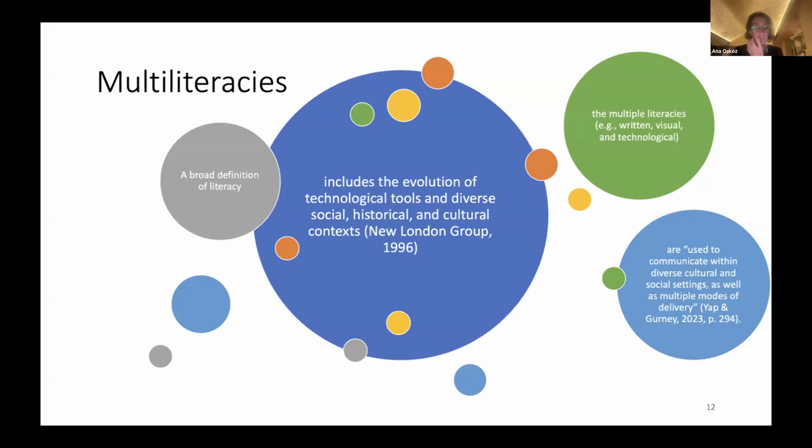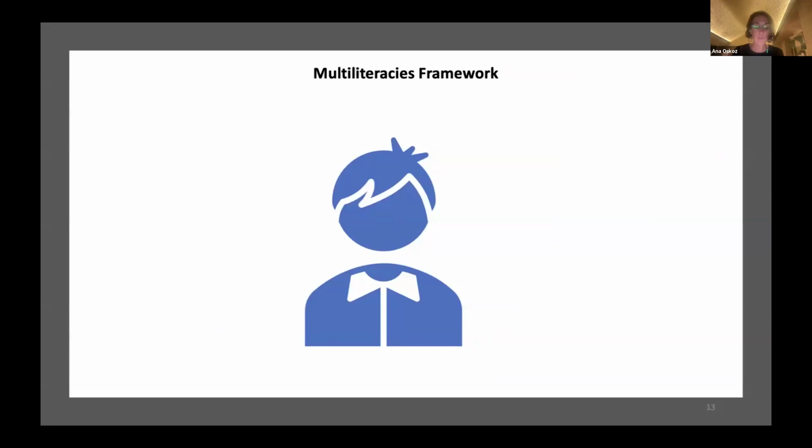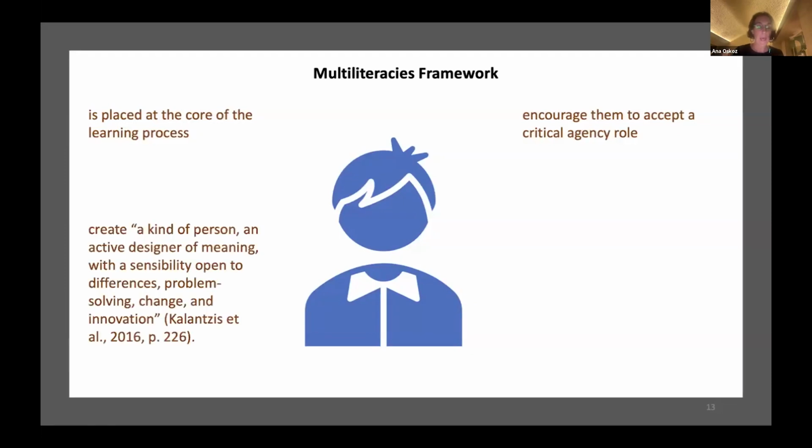So in this view of multiliteracies, learners are placed at the core of the learning process, and we encourage them to accept a critical agency role in their own learning. And the objective that we have is to create a kind of person who is an active designer of meaning, a person who is open to differences, open to problem solving and to change and to innovation.